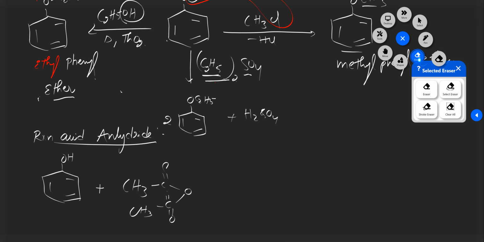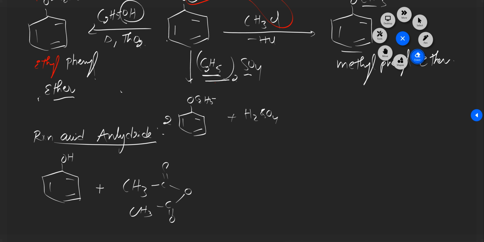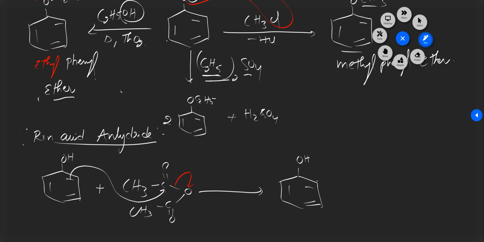The phenol is an ortho-para directing group, so the electrophile is going to attack on carbon. This bond is going to shift to oxygen, so that one is going to attack the phenol. Here C double bond O CH3, plus the remaining CH3COO. It forms acetic acid.